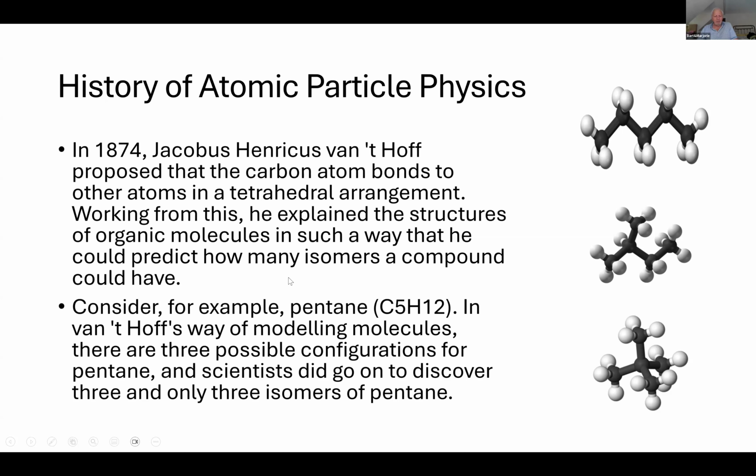So in the picture here, we've got pentane, which is C5H12, 5 carbon atoms and 12 hydrogen atoms. And van 't Hoff showed that there are 3 possible configurations for pentane, and we show all 3 of them here, 1, 2, 3, and there are no more.